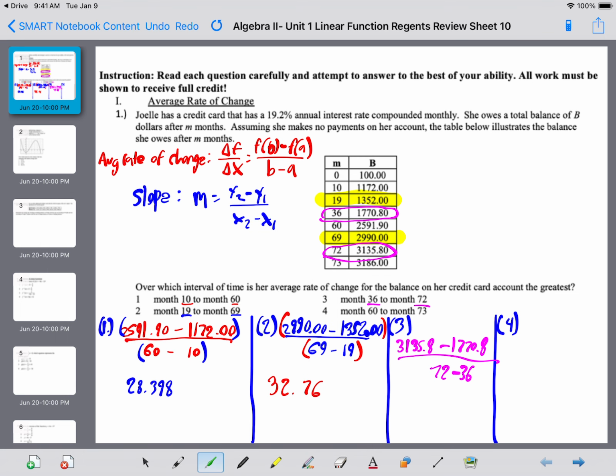If I'm putting the entire thing in my calculator, make sure you put parentheses. You get 37.916 bar.